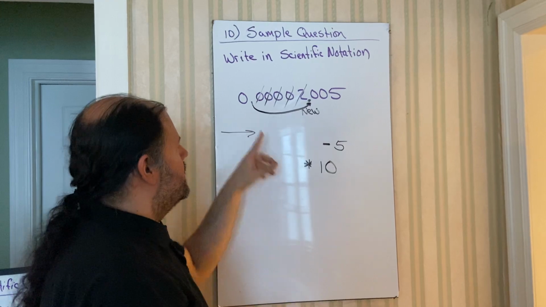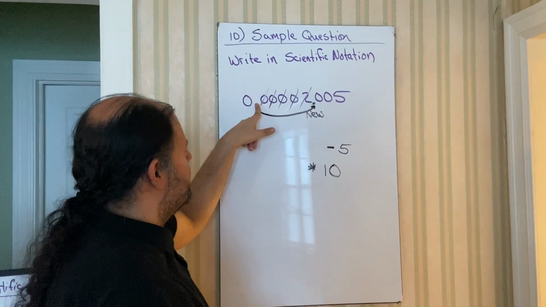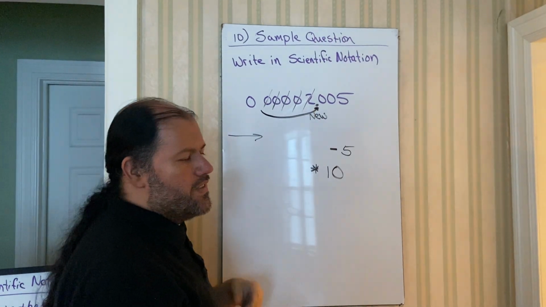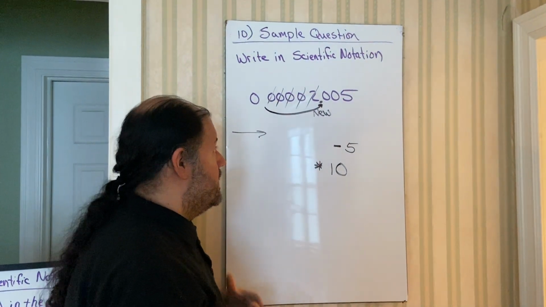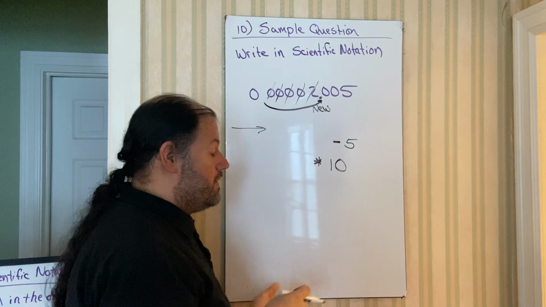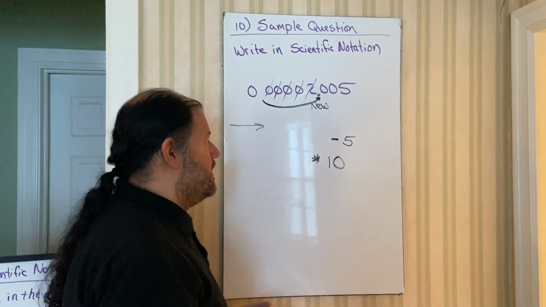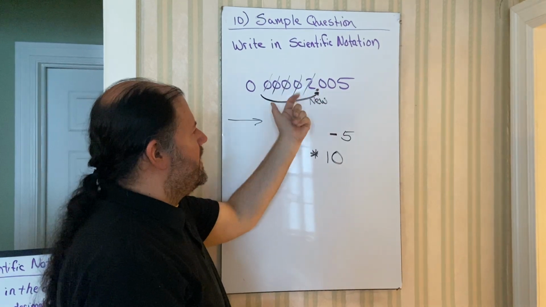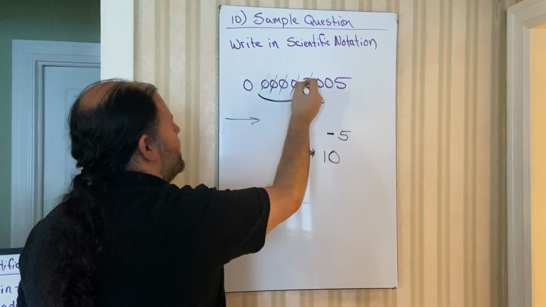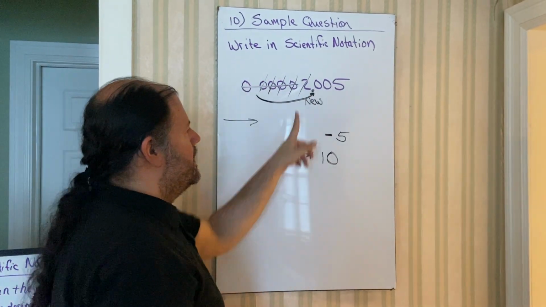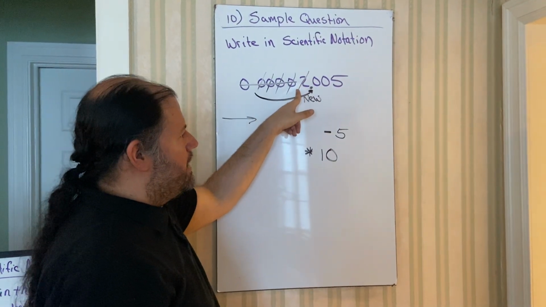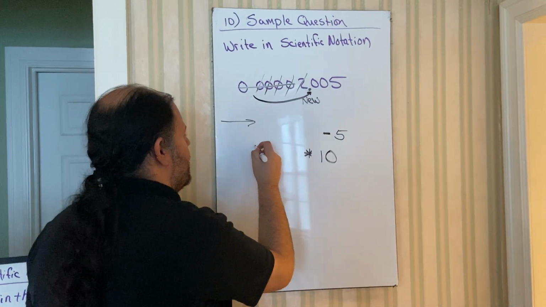Next, we've got to rewrite the decimal number. Remember, the decimal point is no longer here, it's here. So let's write this as a new number that's between 1 and 10. See all these zeros in front of the decimal point? They're not necessary, so I'm not going to write them out. But this 2 I am, okay? I only crossed it out to help me count, but that 2 is still there.